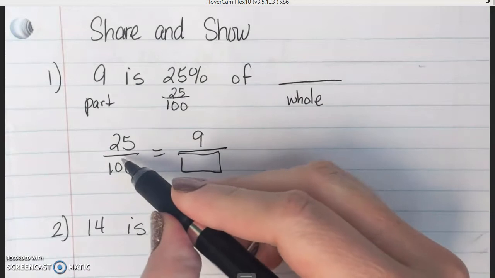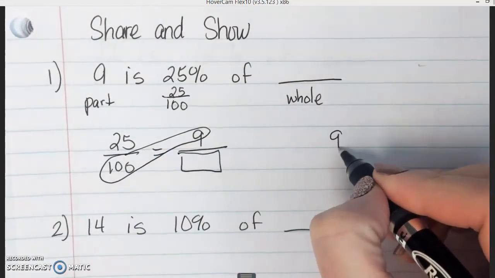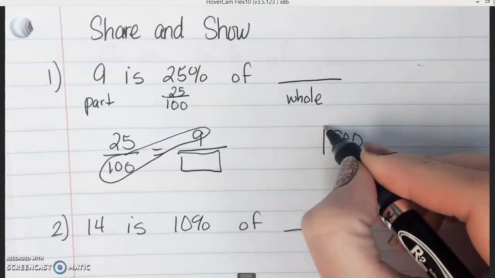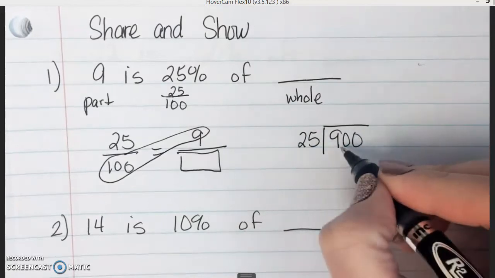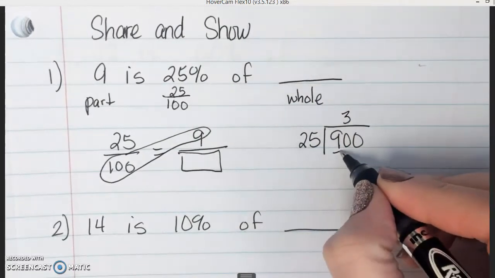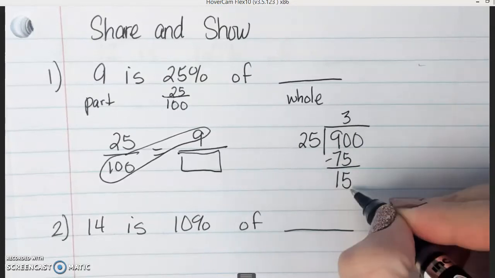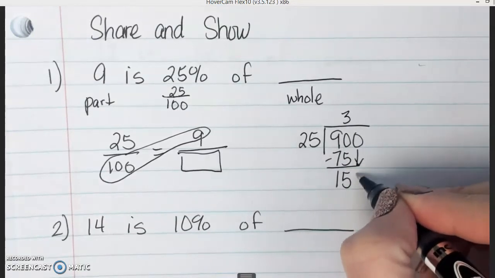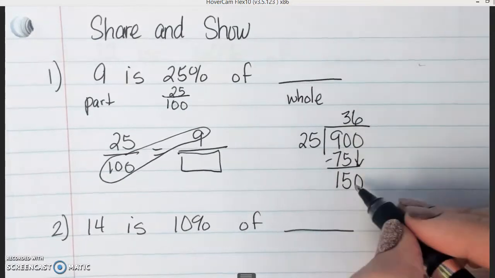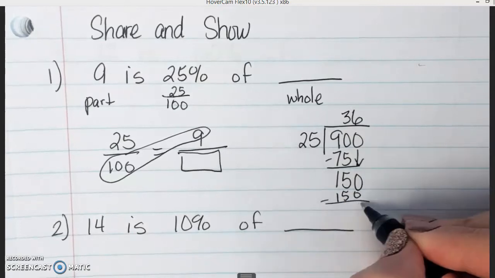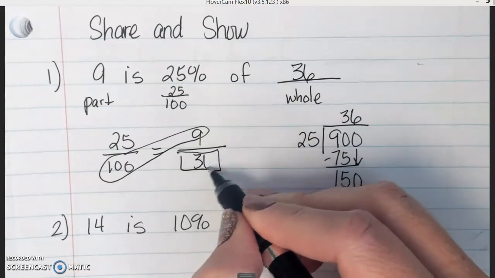So you're going to multiply 100 times 9 to get 900, and you're going to divide that by 25. So 25 into 90 will go 3 times, giving me 75. Then when I subtract, I get 15. Bring down the 0, and 25 will go into 150 6 times. So you should have got 36 for your whole.